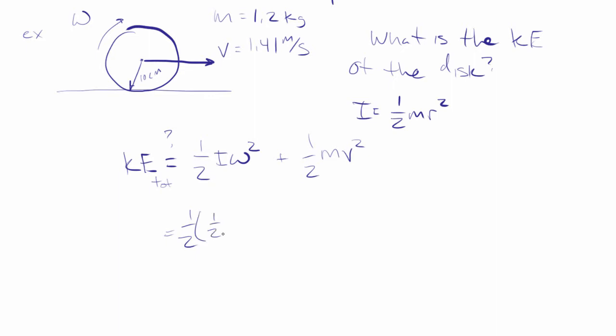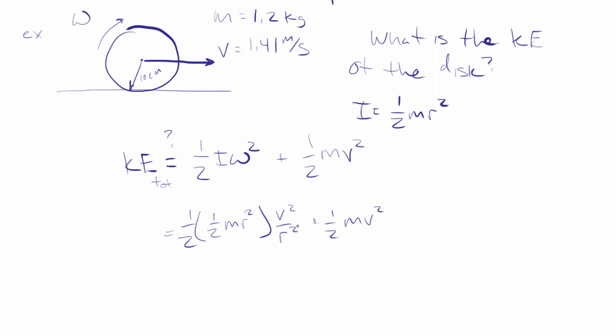We got 1/2 mr squared here. Omega is just V tangential, which actually isn't tangential in this case, because this is translating. It's just V, the velocity of the center of mass here. V squared over R squared, plus 1/2 mass times velocity squared.